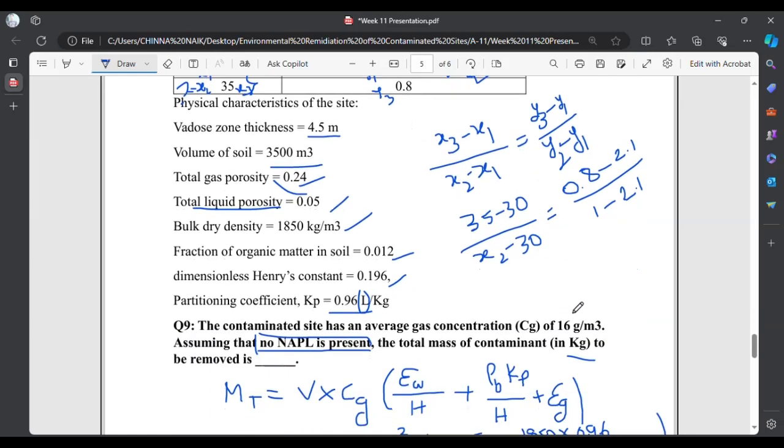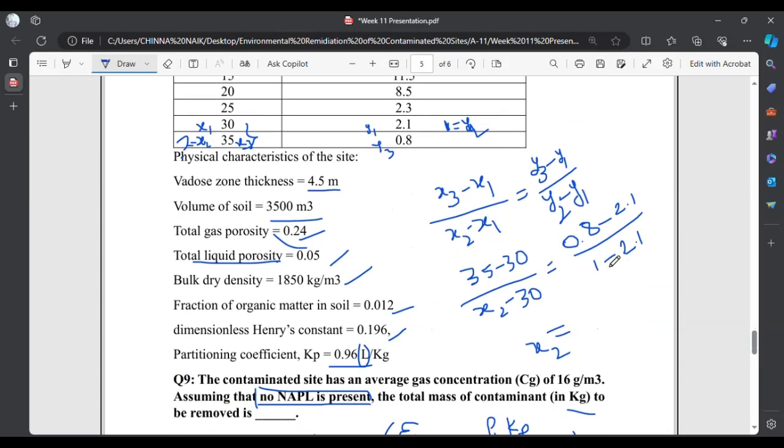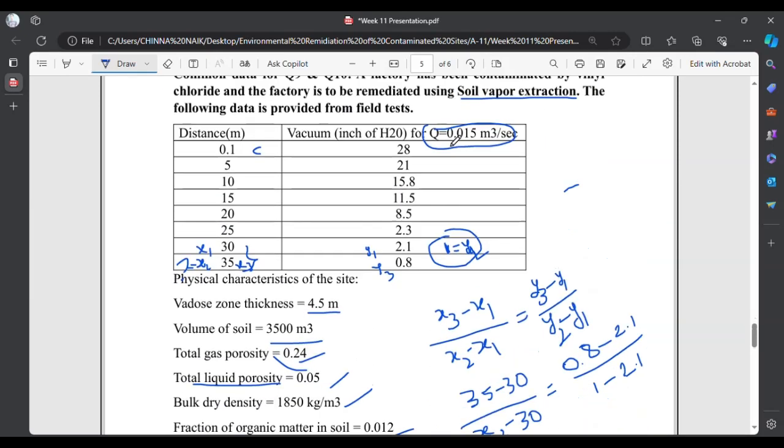So now calculate what is x2. It should fall in between 30 and 35. Please someone calculate and let me know the x2 value, that is related to the radius of influence pertaining to the 1 inch of H2O vacuum.